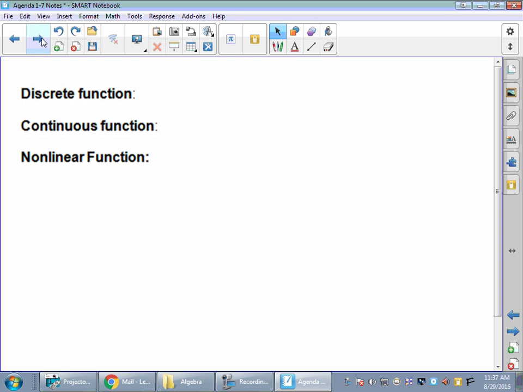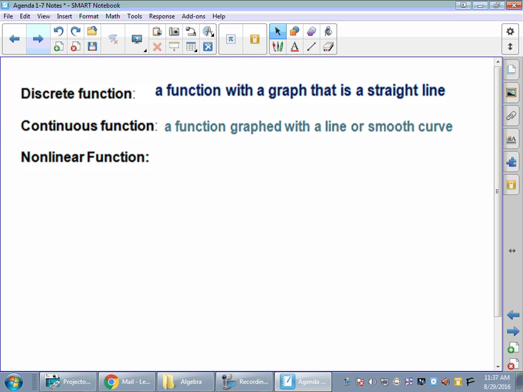Really quickly, we're not going to hit these super hard, but I just want to mention them. A discrete function is when you have a graph and it's a straight line. A continuous function is when you have a graph and it's either a line or smooth. It doesn't jump around. And nonlinear, they are not connected and not a straight line.